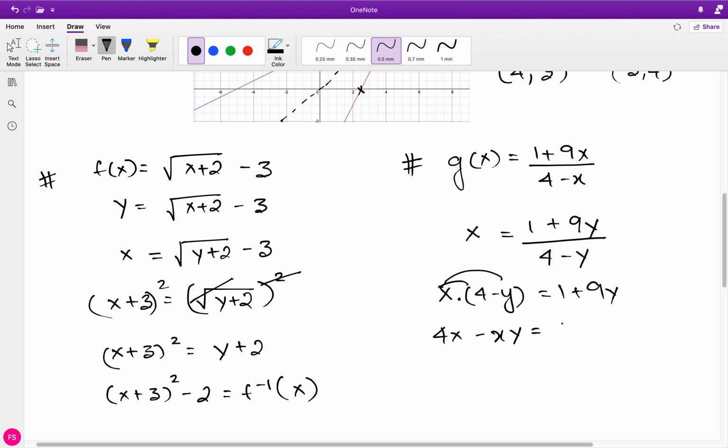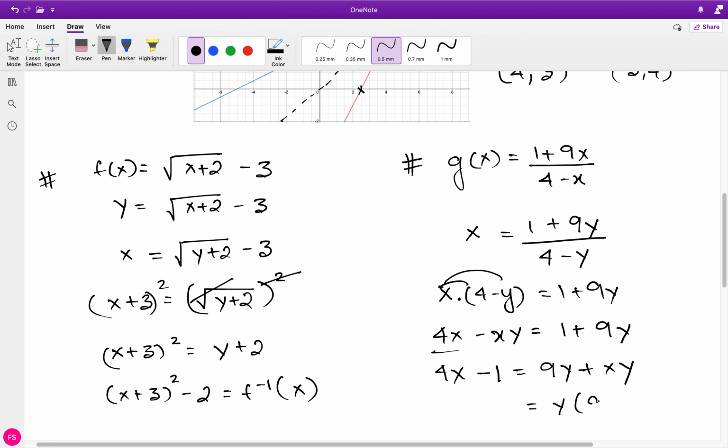4x minus xy equals 1 plus 9y. Now, because I want to make y the subject, I'm going to move all the things with y's to one side and the rest of the numbers to the other side. So I'm going to have 4x, and I'm going to move this 1 to this side, and I will have 4x minus 1 equals 9y plus xy. And you want to make y the subject, so you have to take it out because it's common in both terms.